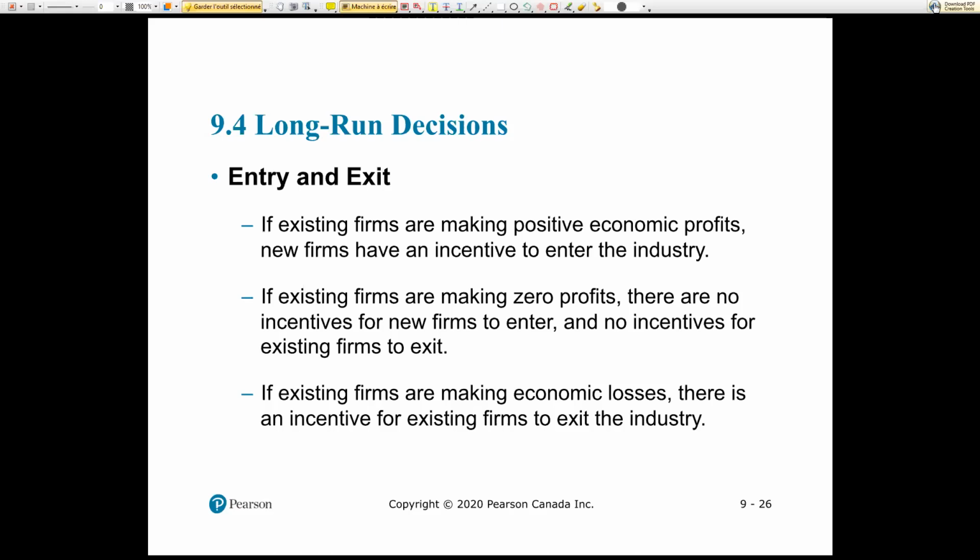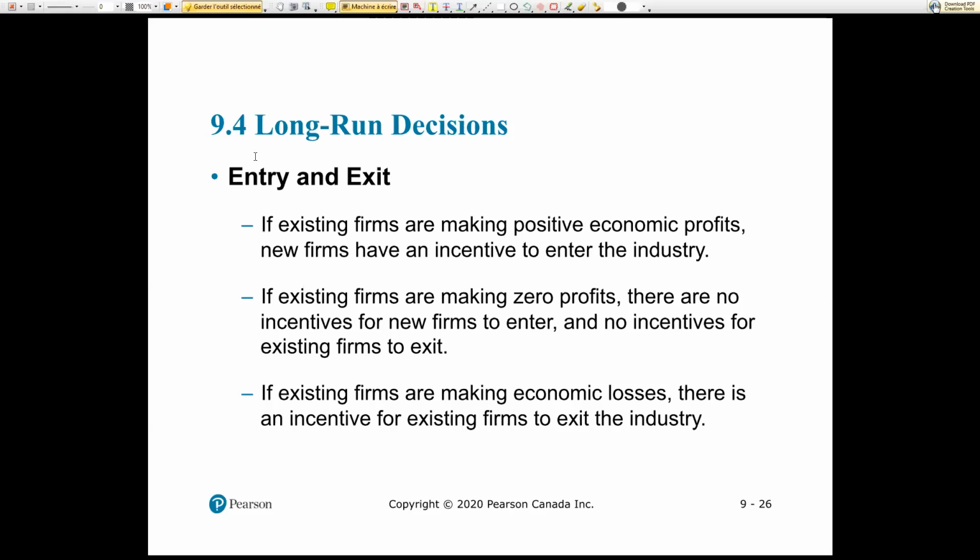But here we're looking at a perfect case scenario, where essentially there is no way for firms to always make a profit, because anytime you start making a profit, somebody is going to enter the market and squeeze you out of your profits.